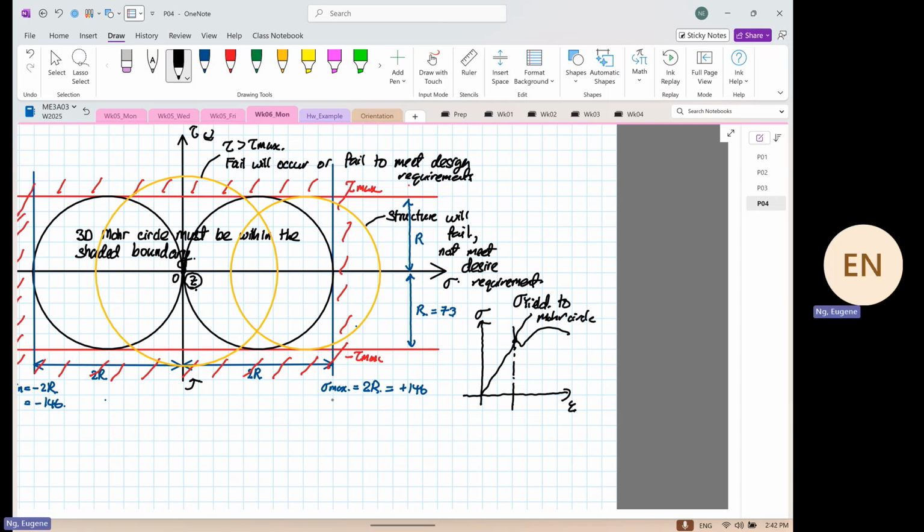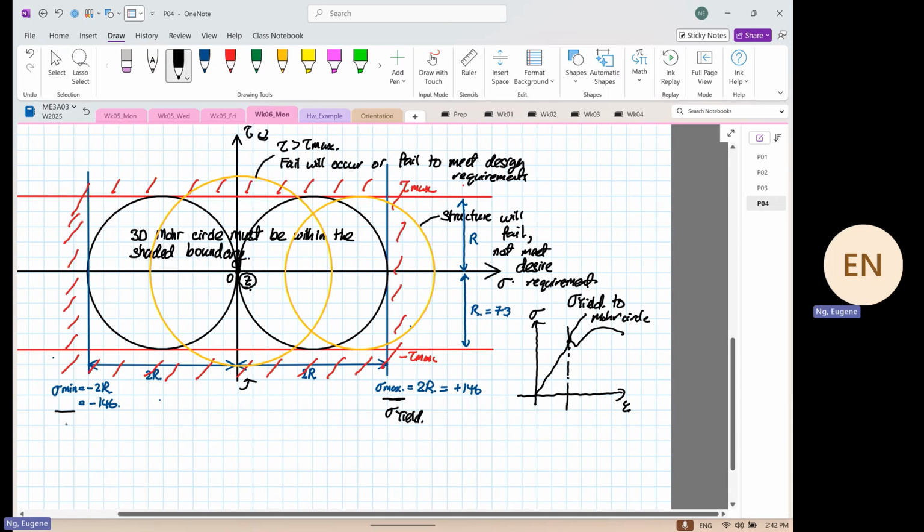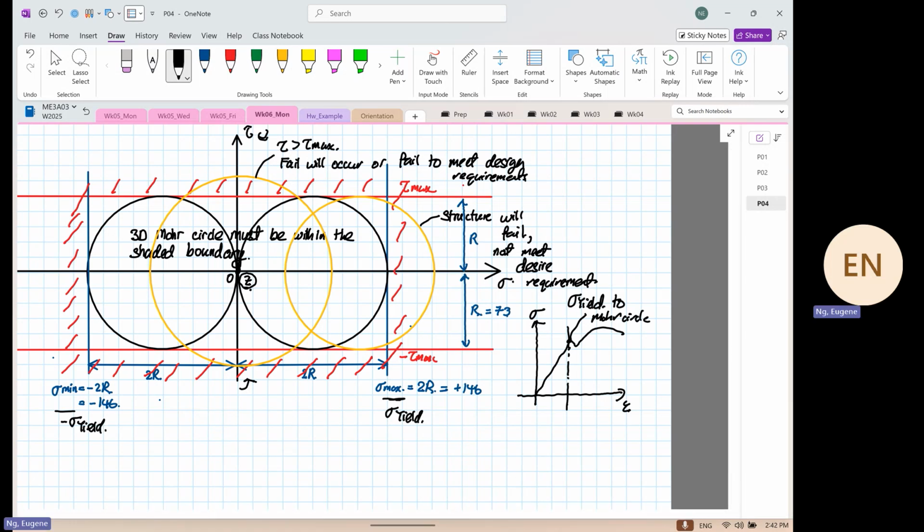Mohr circle. Because most of the time, all these are your stress yield. Okay, most of the time, this is your minus stress what? Yield. Okay, are we clear? Okay, so this is where you see Mohr circle combined with stress strain curve. They are all related. Are we clear? I know it looks a bit much, but it's not complicated once you get used to it. Are we clear?